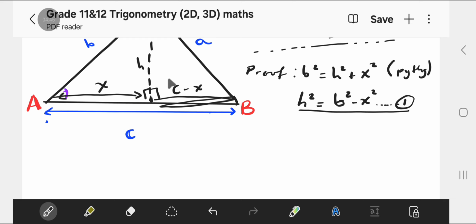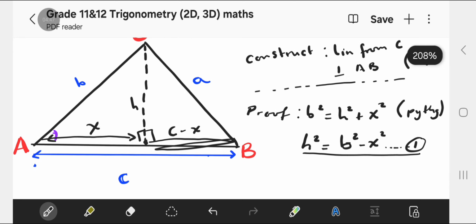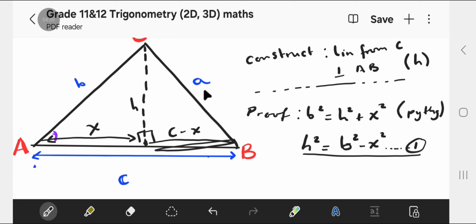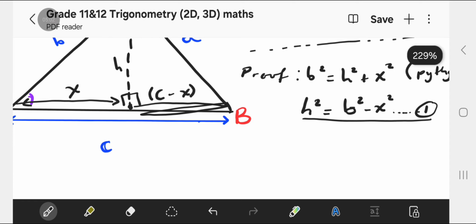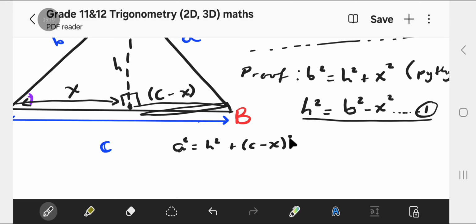Now let's move to this other triangle. So you can see that in this triangle we're having A squared being equivalent to H squared plus C minus X squared, because also this is a right angle triangle, so we can also use the theorem of Pythagoras there. So we can also write our A squared is equivalent to our H squared plus our C minus X all squared.